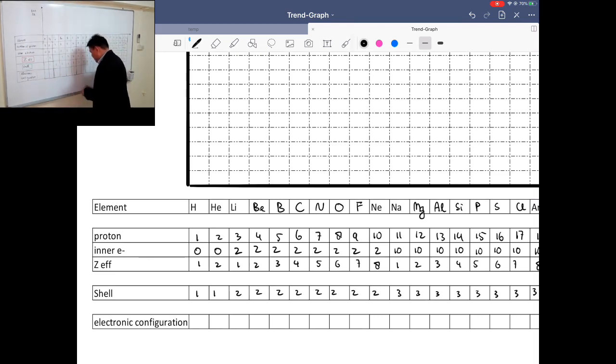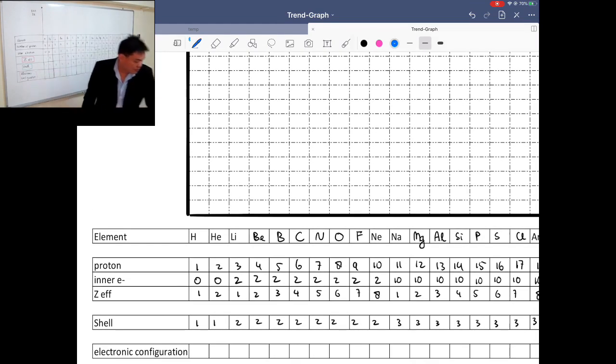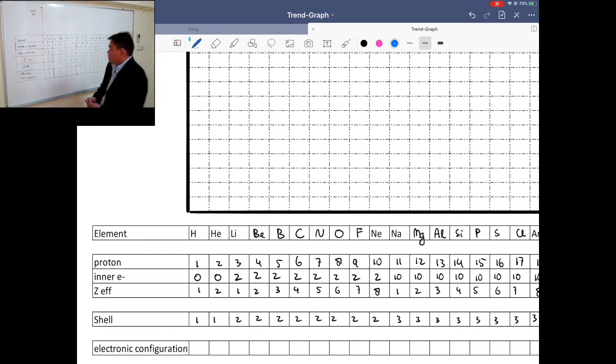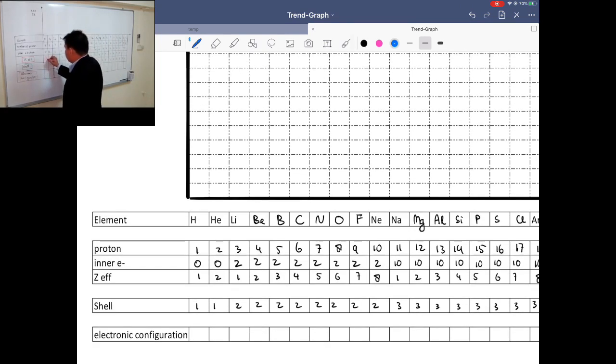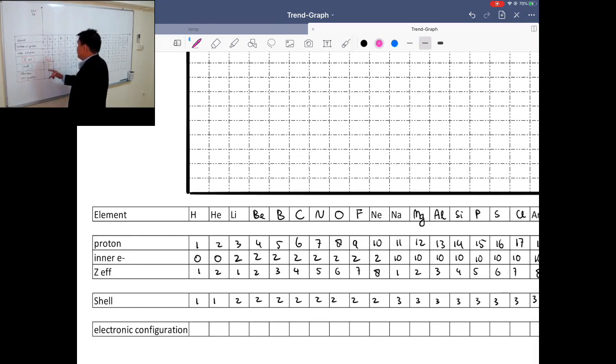We are going to draw the trend here. Effective nuclear charge: the higher the effective nuclear charge, the more difficult it is to remove the electron, so the first IE will be higher. So this red arrow represents increasing IE. From hydrogen to helium will be increasing.